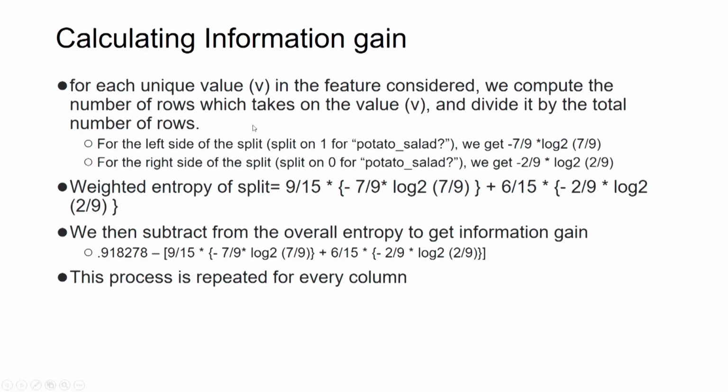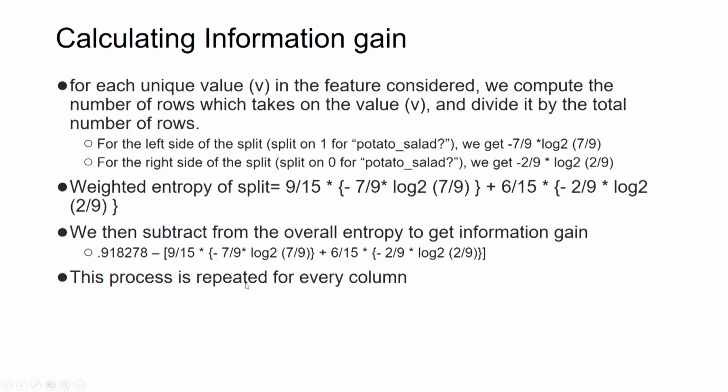Now we can calculate the entropy of the left subtree, the entropy of the right subtree, and then the weighted entropy. So the information gain is the entropy of the data set minus the weighted entropy of these two sub nodes.